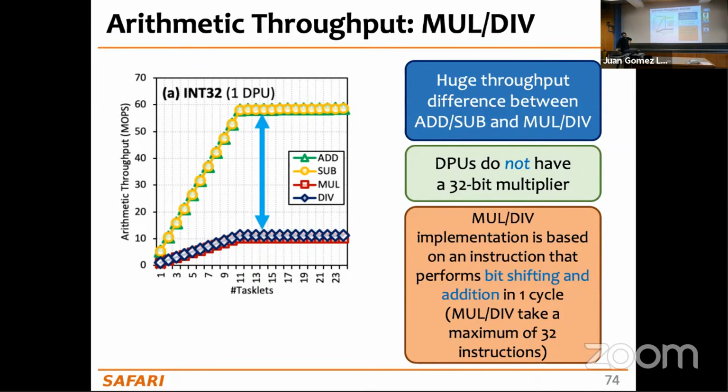And one reason for that is the difficulties of creating compute units using the DRAM technology process, right? So that doesn't mean that a 32-bit multiplier is impossible to have near the bank. It's possible for sure, but as you can guess, UPMEM designers and engineers had to make some design decisions, and this is one design decision they made.